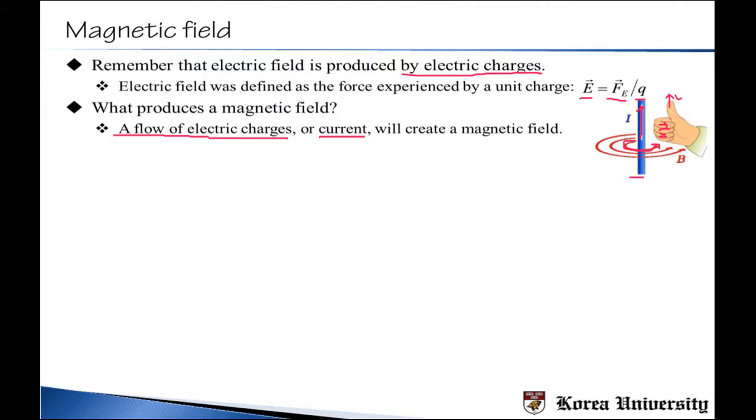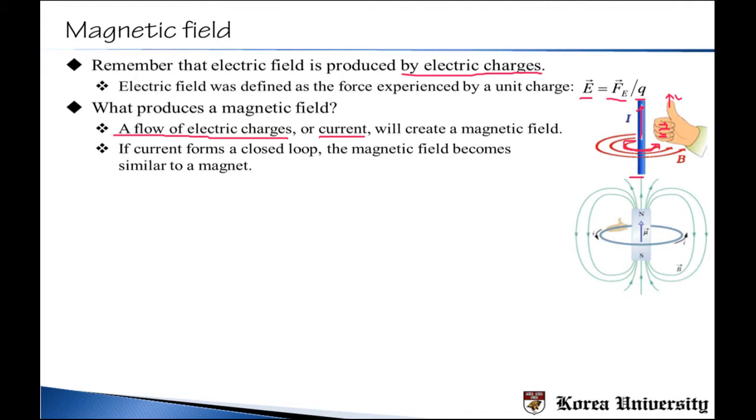And if you take this wire and bend it and make a loop like shown here, suppose you have a loop like this so that the current is still flowing along the loop following this direction. If you look at it from the top, it will be counterclockwise. Again, the magnetic field will appear around this current. Take a look at this side.